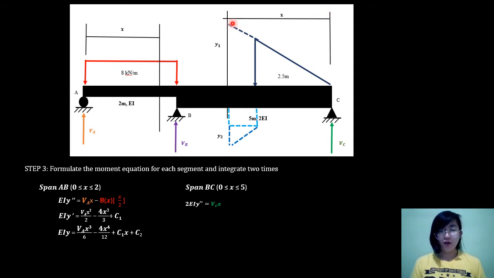Next is, etong triangle na to. So, we have 1/2 times yung y1 natin, which is 6x kanina, yung kinuha natin. And then, times yung distance pa, don't forget, iba pa yung y1 lang yung 6x. So, times x, times yung centroid niya, yung distance niya to the moment line.